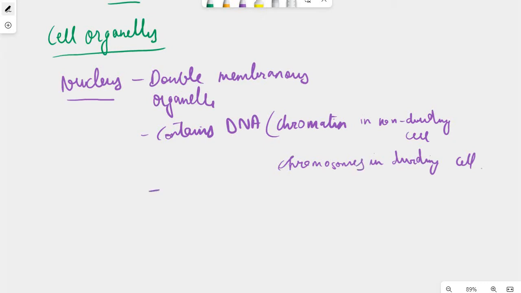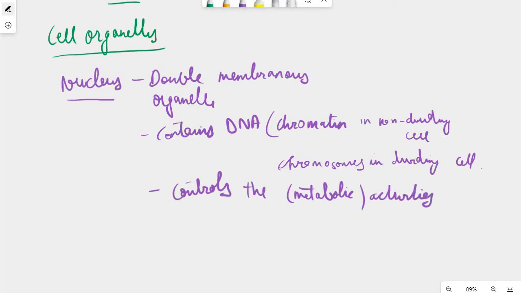And it also contains many enzymes which really control the metabolic activities occurring in the cell. So basically, it's a center, or we can say that it controls the activities, metabolic activities, of the cell.